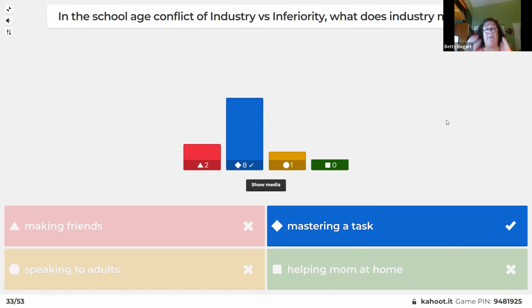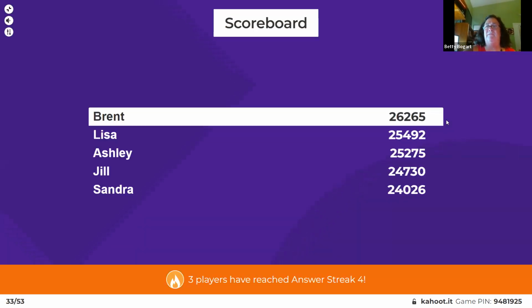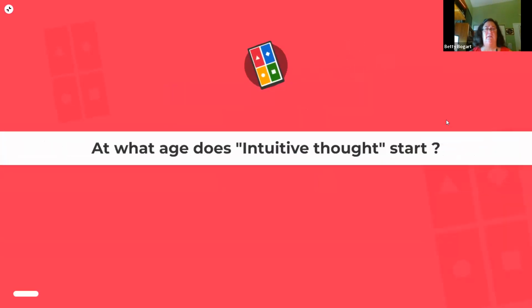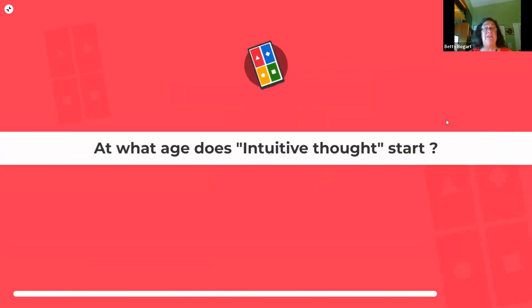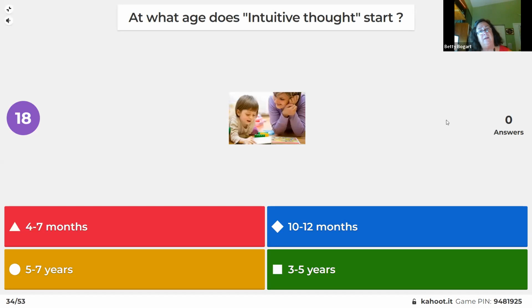Mastering a task, being able to do something well, spell well, cook well, play the piano, be good at a video game, whatever, something I do well, makes them feel good about themselves. At what age does intuitive thought start?